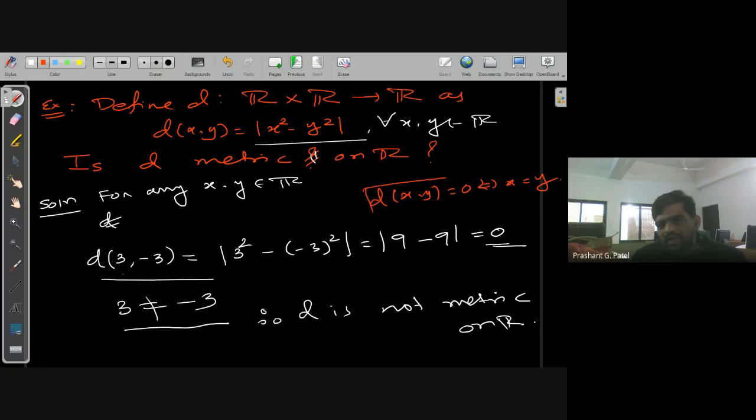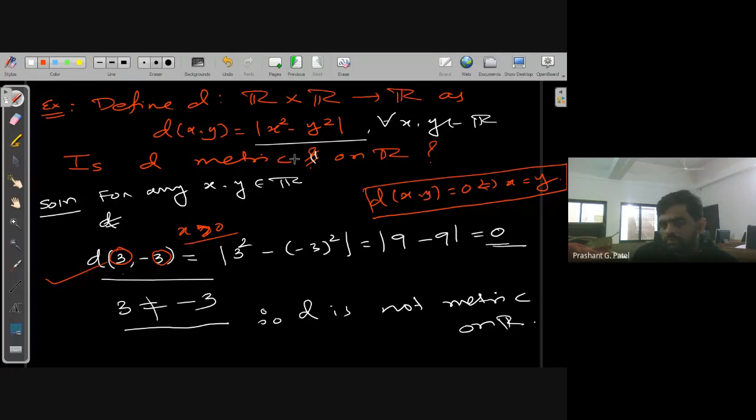This is the second condition, and due to this, it is not satisfied. In general, you can take any point x and minus x, if x is a positive number. You can take any positive number x and work this way. So this is in general not a metric.